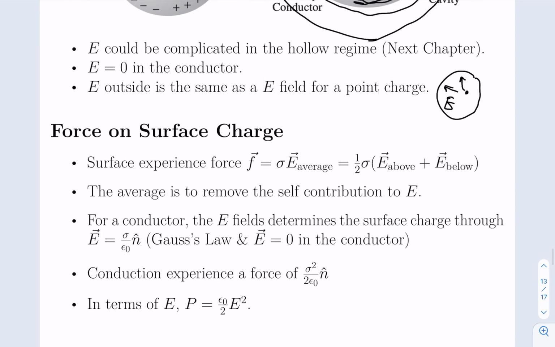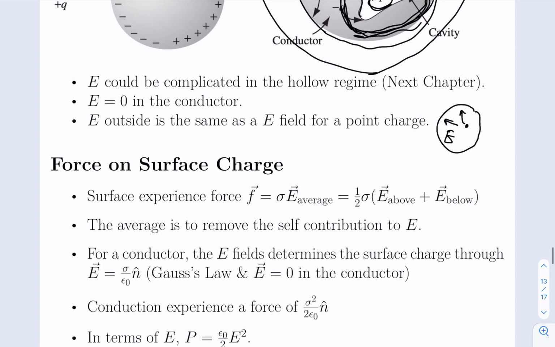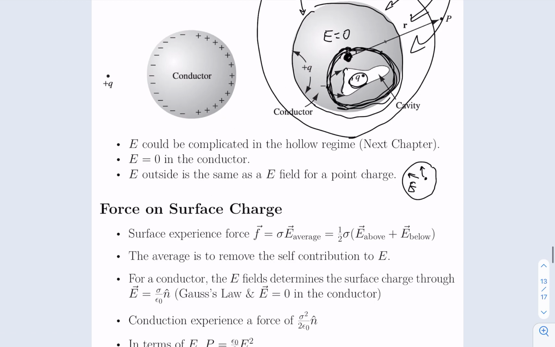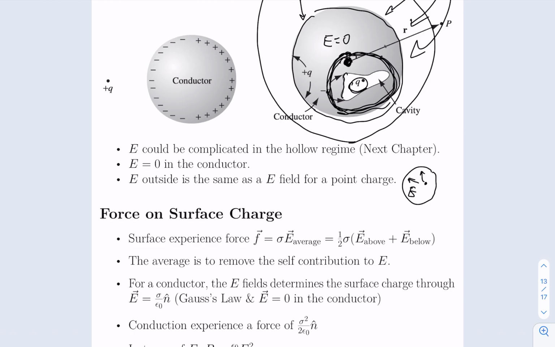Now next I want to go back to our problem from earlier. We see that this conductor might be attracted by this point charge, right?